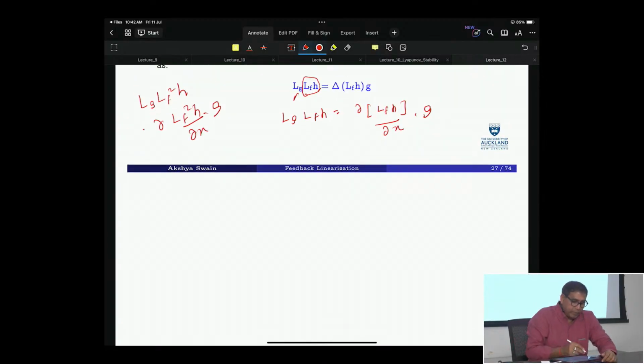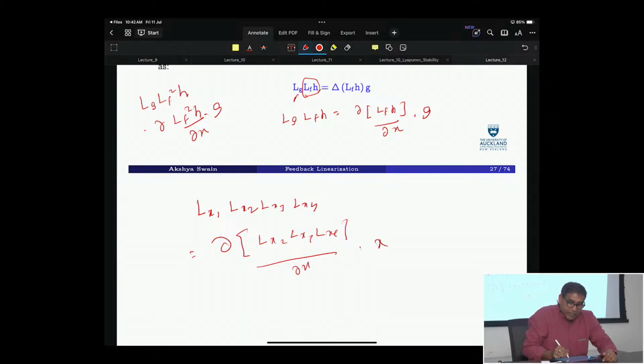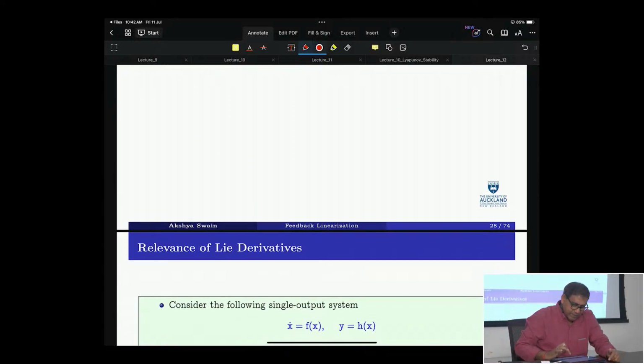Suppose I do L_X1 of L_X2, L_X3, L_X4: that is the derivative of (L_X2, L_X3, L_X4) divided by del X in the direction of X1. Everything from the right hand side, you differentiate and put it there, right? This is the only Lie algebra.